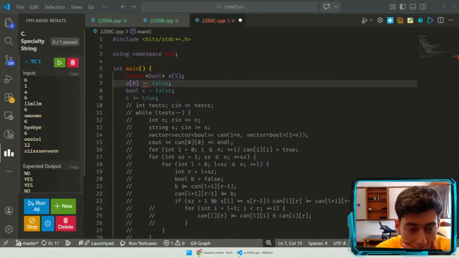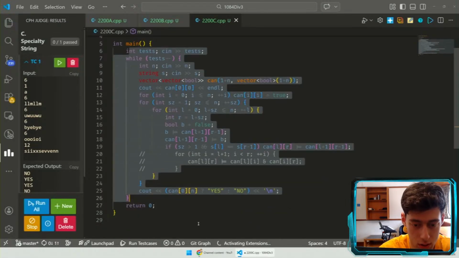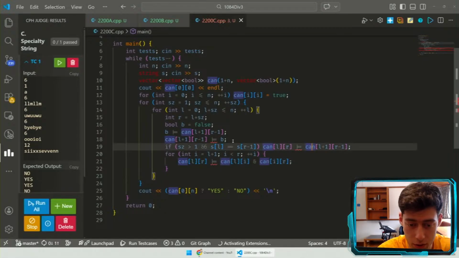I'm just curious at this point. Like, what? Why not? Okay, so apparently you can't do this. It's just a syntax thing: if it's a vector of booleans, you can't do that.